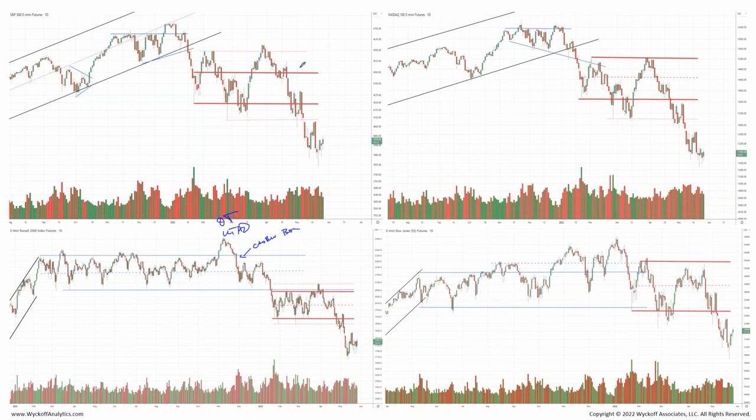Think of the term upthrust after distribution: it means that the composite operator has basically disgorged all of their stock. So there's no longer strong hands to support the market because they've completed their selling activities and they can just let the market go down. That's exactly what happened in that upthrust after distribution. Similar thing happened in the Russell.